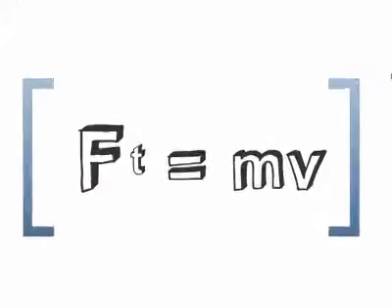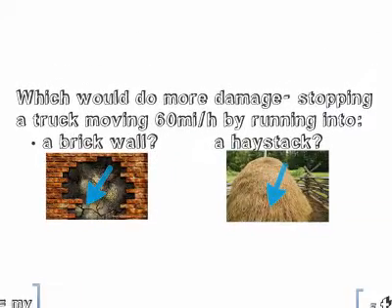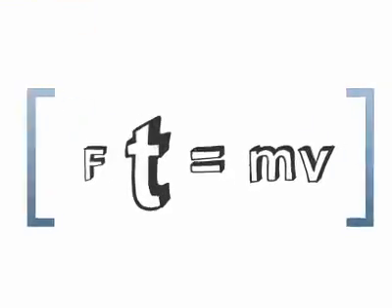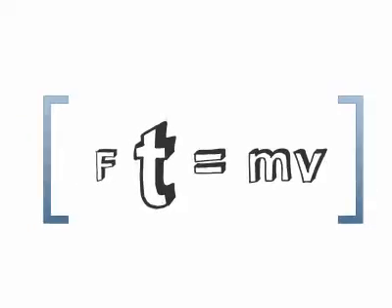Now, if we use the brick wall, that momentum change is going to happen in a very short, small period of time. This means the force involved must be huge, as opposed to going through the haystack, where the time is going to be much extended, meaning that the force is going to be much smaller.